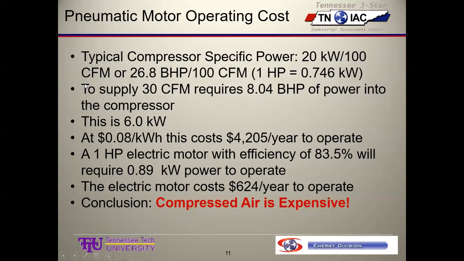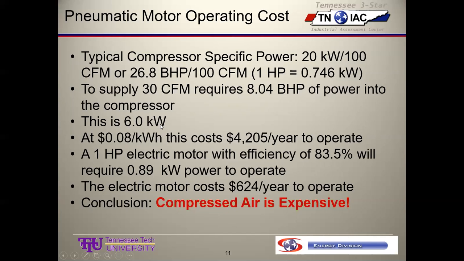If you convert the 20 kW into brake horsepower, divide by 0.746, and you get 26.8 brake horsepower per 100 CFM. So to supply 30 CFM requires 30% of this, which is 8.04 brake horsepower, or 30% of the 20, which is 6 kW.